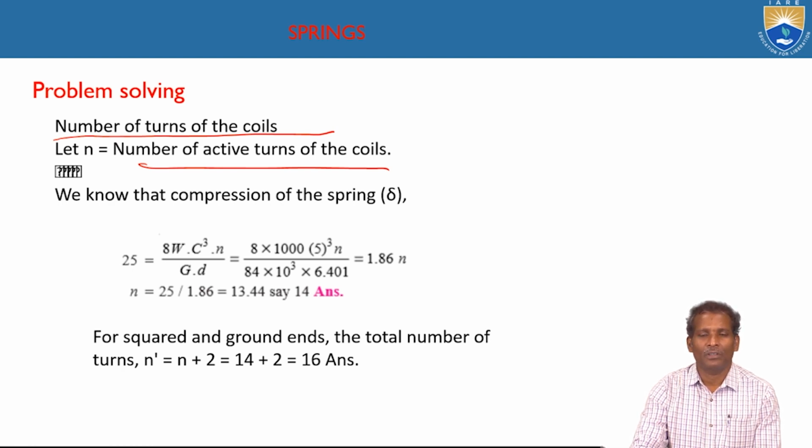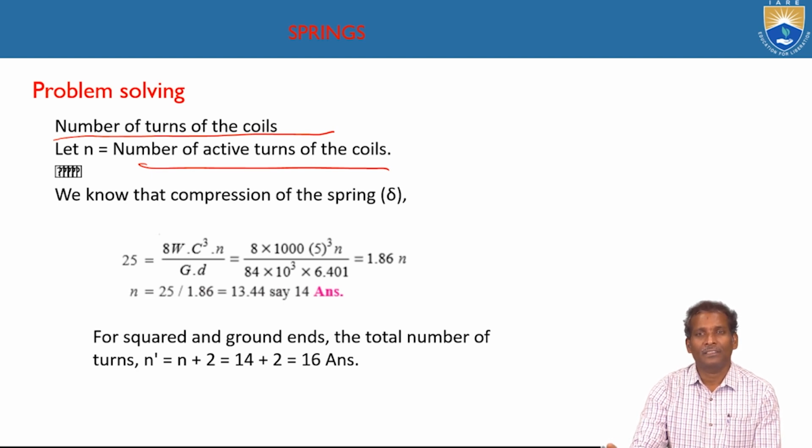While applying load on the spring, only some coils take the load and actively participate during deflection. Those coils are called active coils, active turns. How many active turns are there? You need to calculate. And then the total turns of the coil. Suppose the number of turns is 10 and the active coils are 8. Like this, you have to calculate by using the end conditions of the spring.